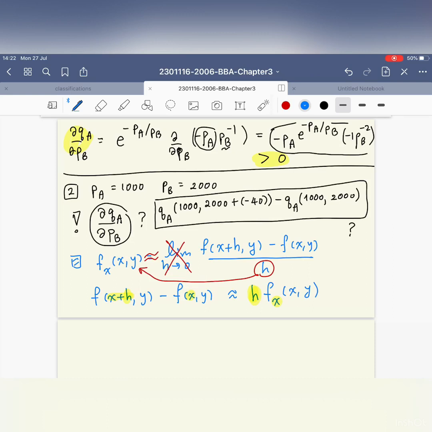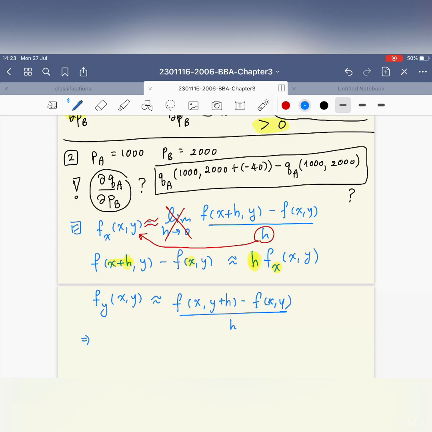If you look at another angle, if you find your derivative with respect to y, it can be approximated by f of (x, y plus h) minus f of (x, y), over the same h.